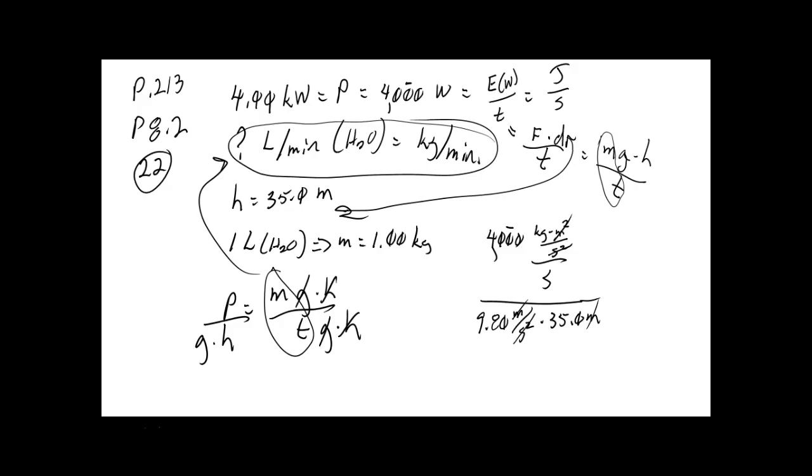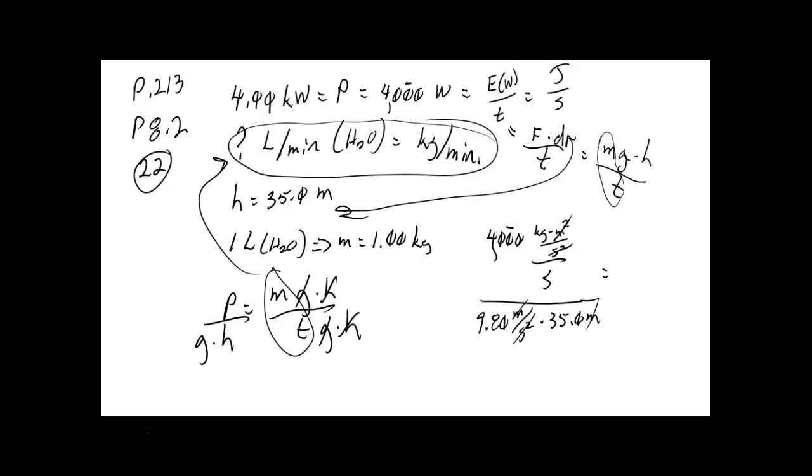All right, we're doing example problem 22 on page 213. That's in section 8.2. We're just about where we need to be, where you've got this in kilograms per second. So if someone with a calculator will punch those numbers in for me: 4,000 divided by 9.8, and then that answer divided by 35.